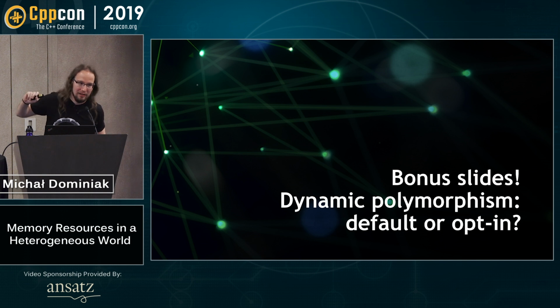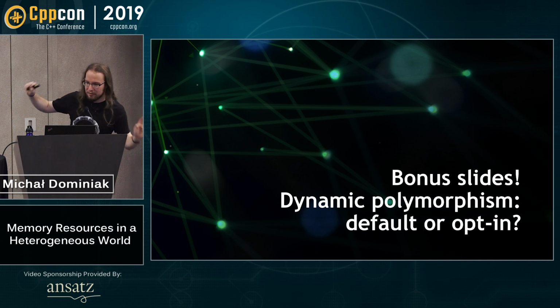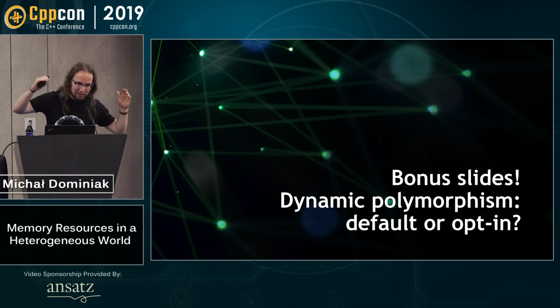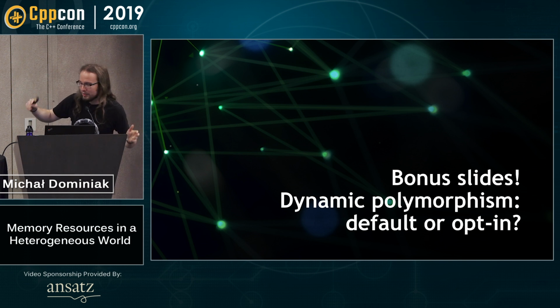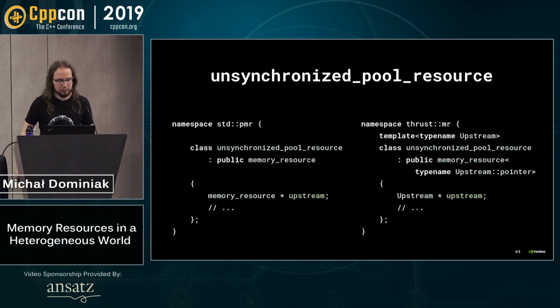Do we design our API in a way that will always be dynamically polymorphic? So we'll always do the virtual dispatch, and we will always have those reference semantics, or we'll have to build those value type wrappers on top of them to actually have copy and value semantics. Or what do we do? How do we structure our APIs to deal with this?